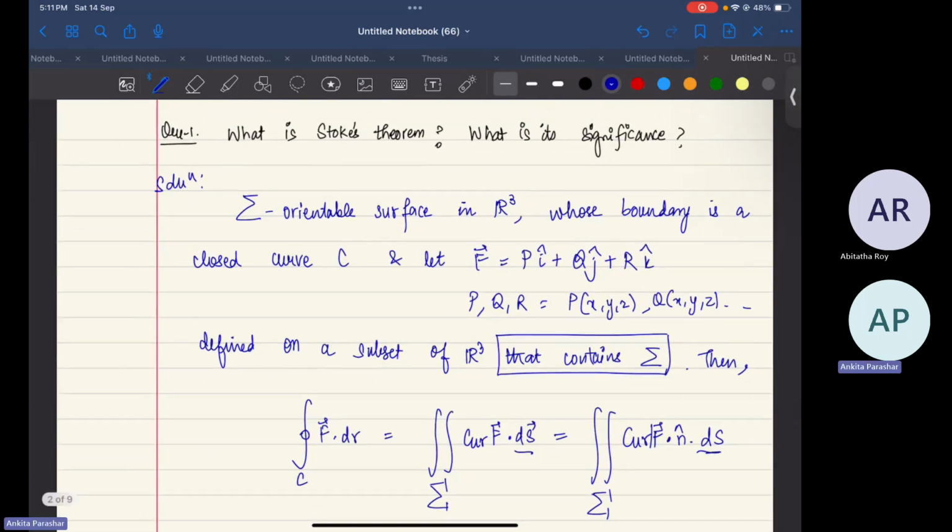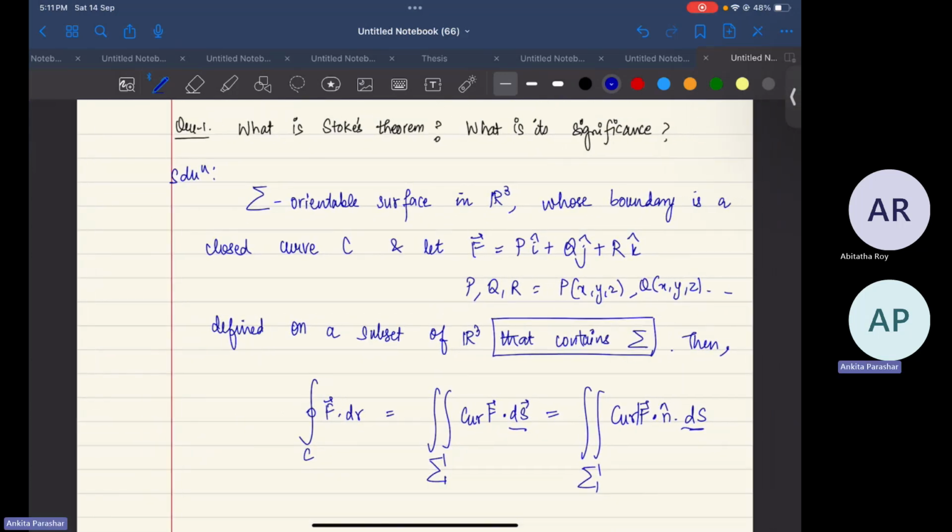Are you able to follow this? I'm focusing on one part here: that contains sigma. That means you cannot talk about equality of this line integral and the surface integral unless your F is defined on this surface where you want to integrate your F.